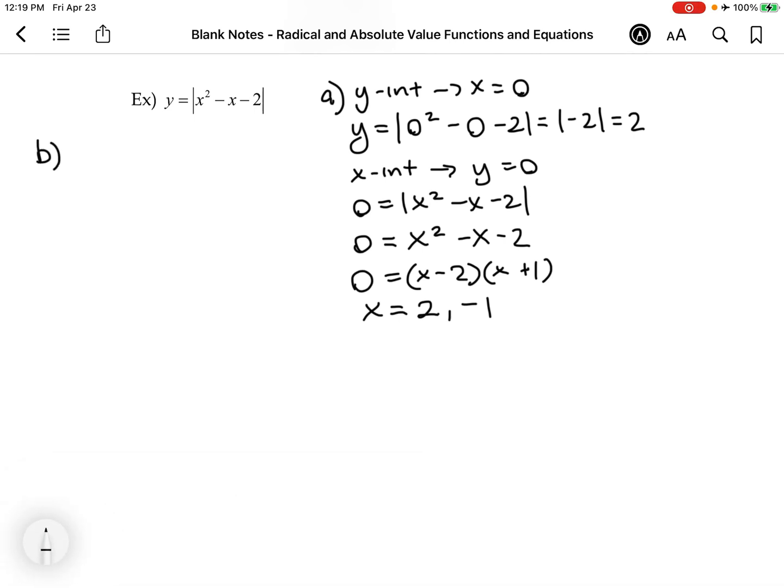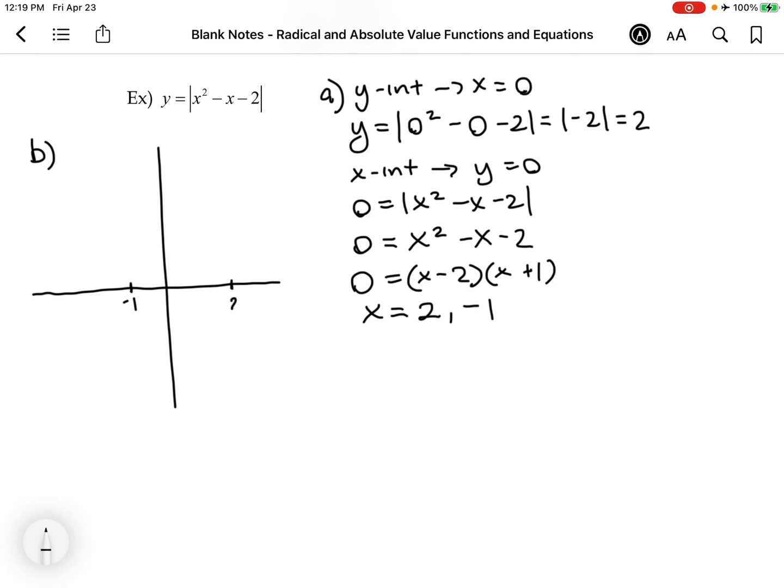Okay, so this is part B. I've got a 0 at -1 and at 2. And if this was a parabola, this would open upwards. So you can imagine that this would go like this.